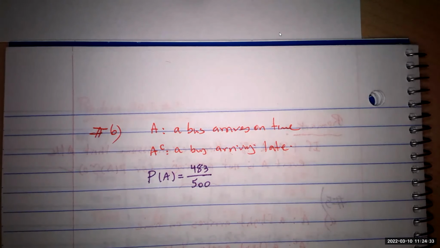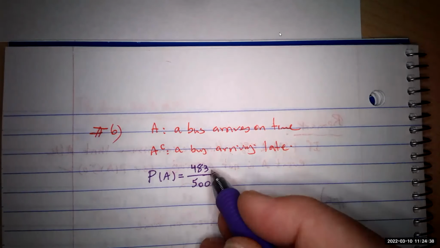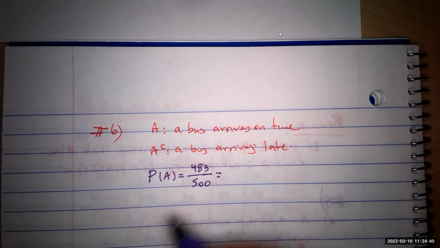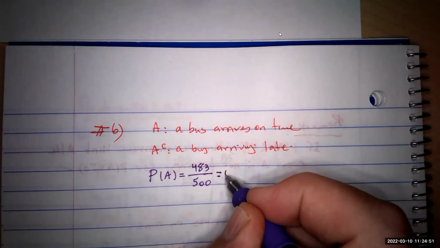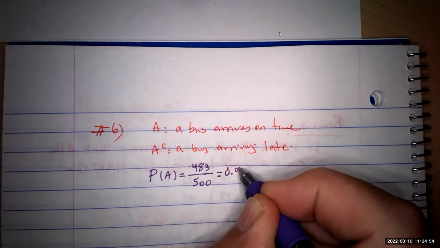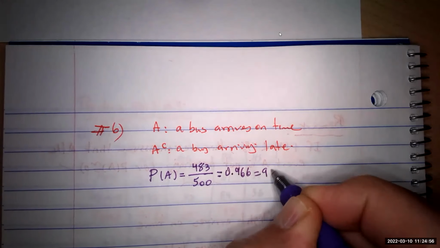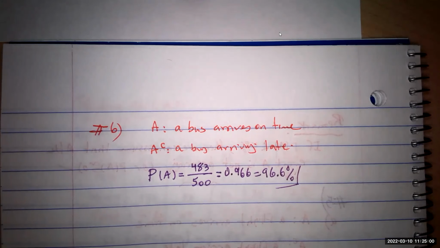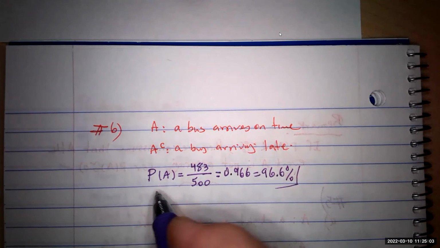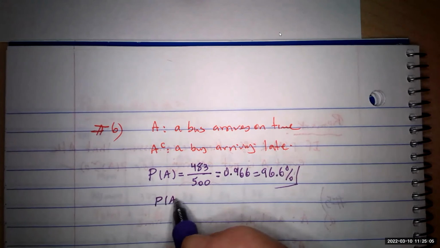Use your calculator, what's going to be the number? It's going to be almost something like 90%. It's 0.966, 96.6%. Okay, that is arriving on time. So the late arrival is the complement.